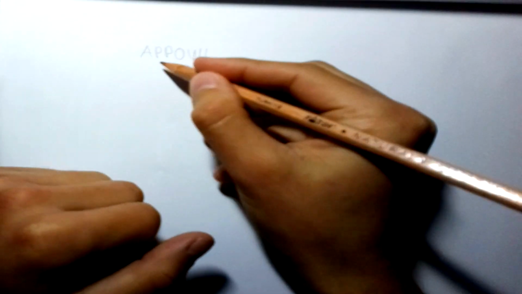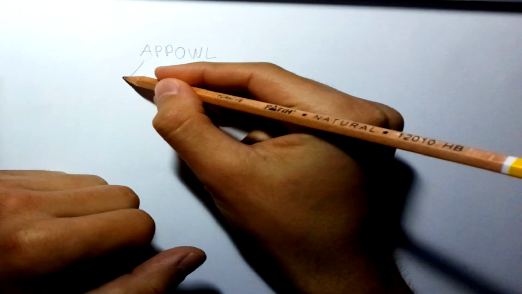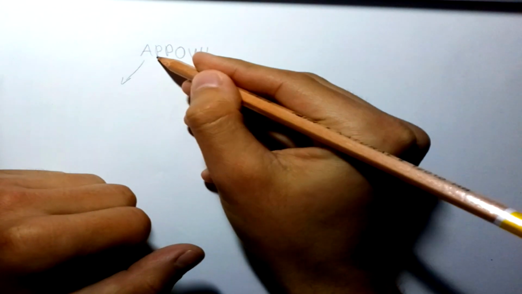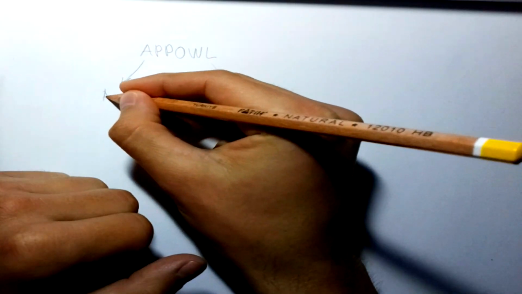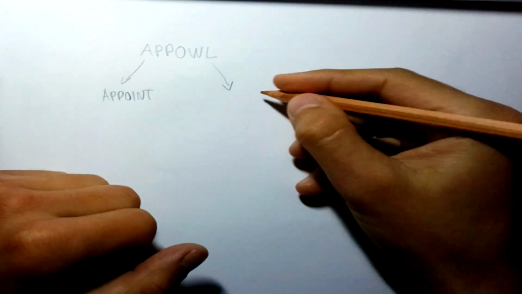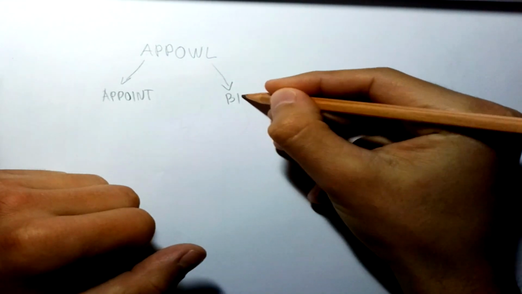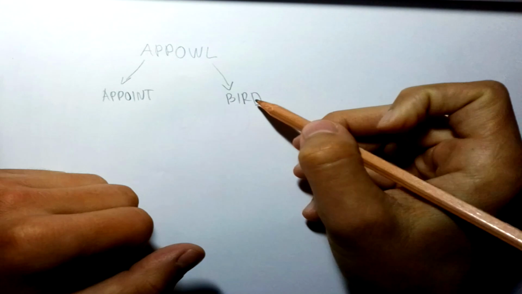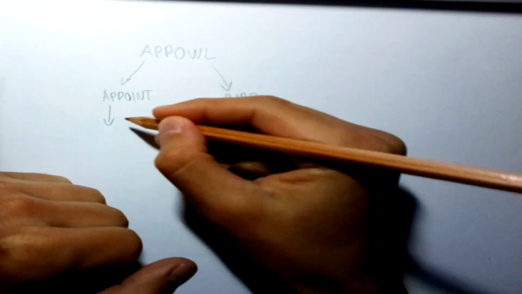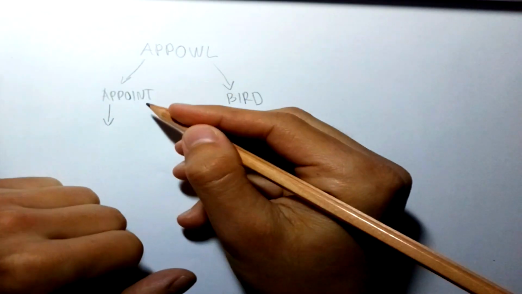We break down this word into smaller words. Up. Up point. Bird. Point.